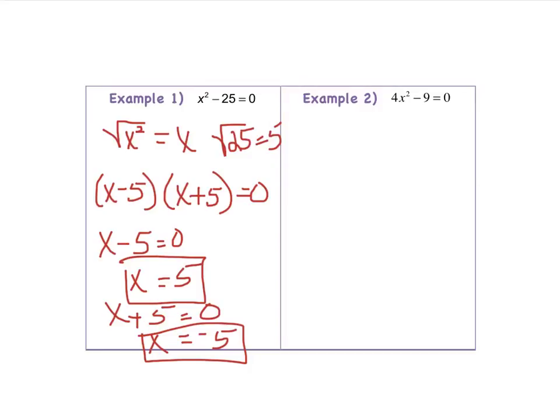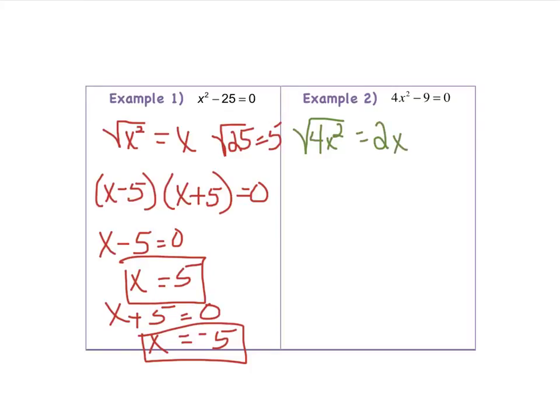Now let's do example 2. In example 2, we have 4x squared minus 9 equals 0. In this case, our a squared x squared term is 4x squared, and 4 is a perfect square. So we take the square root of 4x squared, which is equal to 2x.